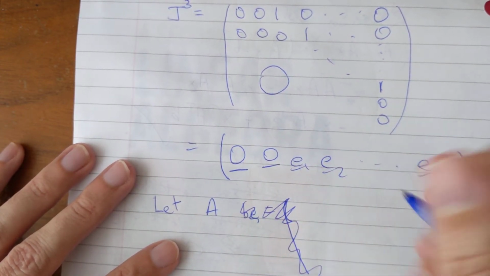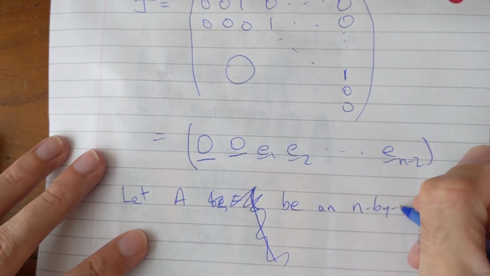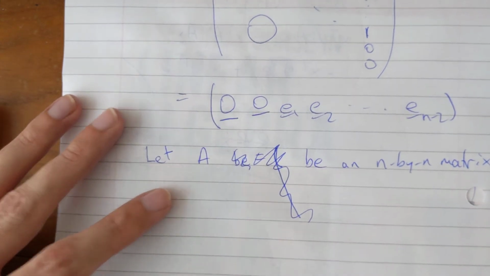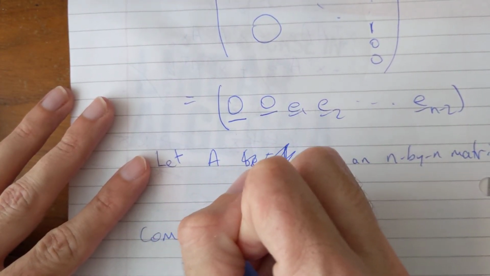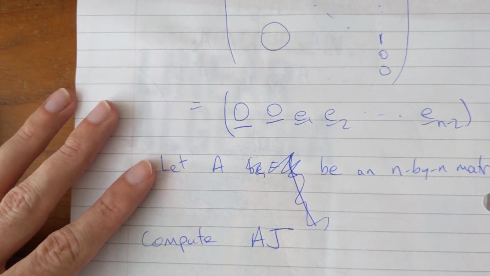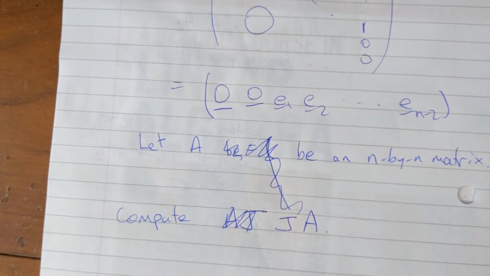Let's decide later how to write it out, but this is going to be an n by n matrix. Okay, and let's compute A times J. Oh, no, sorry, let's compute J times A first.